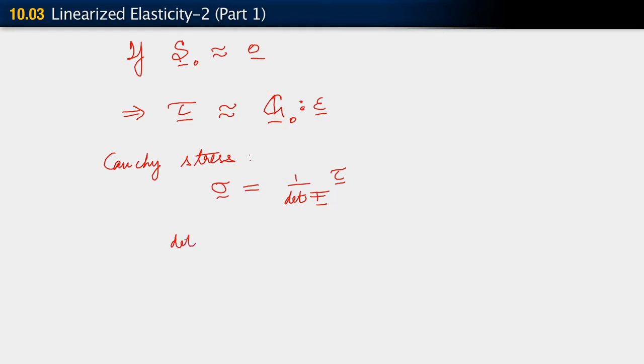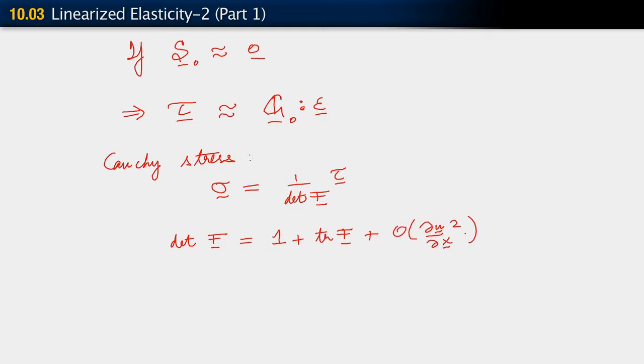Now, determinant of F, right, if you write it out, what you will see is that it takes on the form 1 plus trace of F, okay, plus higher order terms, okay, plus terms that are of order 2 and 3 in the displacement gradient, right?